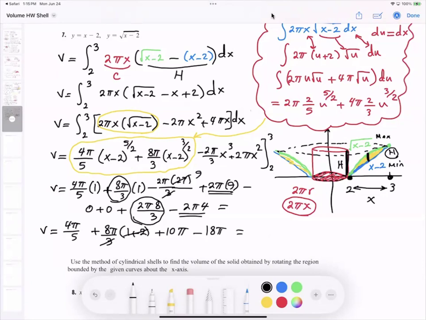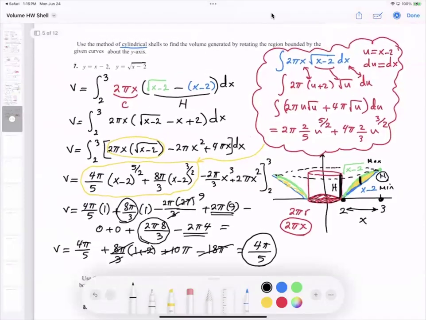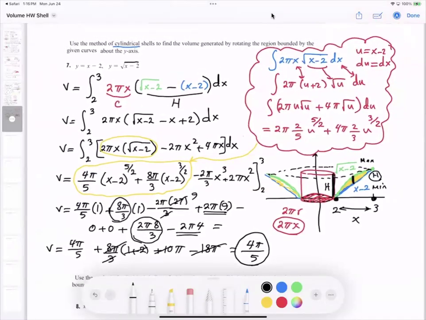Not that bad. So if I simplify this, you get 18 pi minus 18 pi, they get canceled out. So you should be getting 4 pi over 5 as the volume of this object. Ooh, a lot of algebra involved using integration techniques that you saw before. U-sub helps us to make calculation easier.